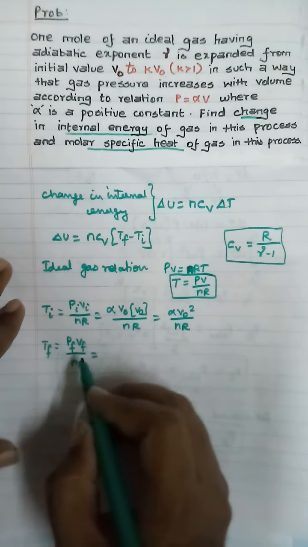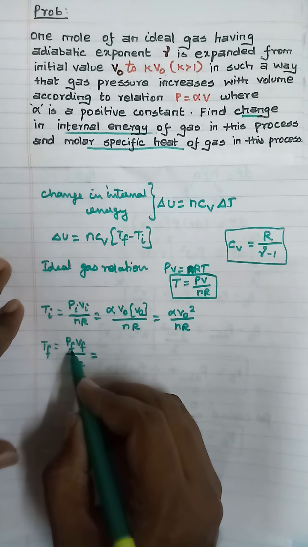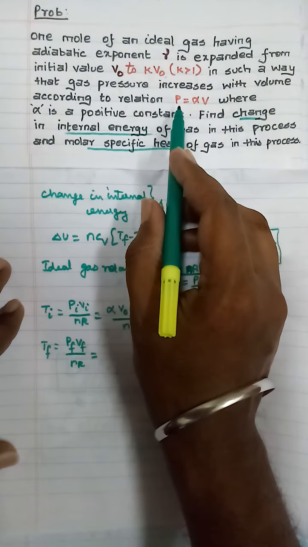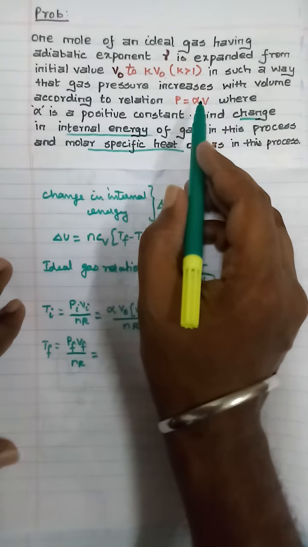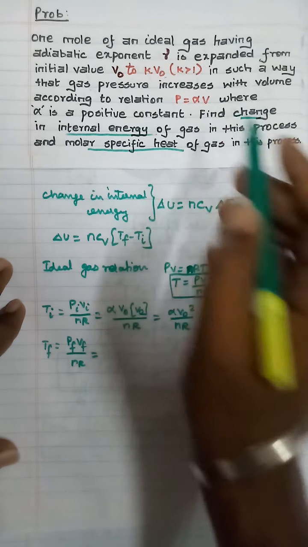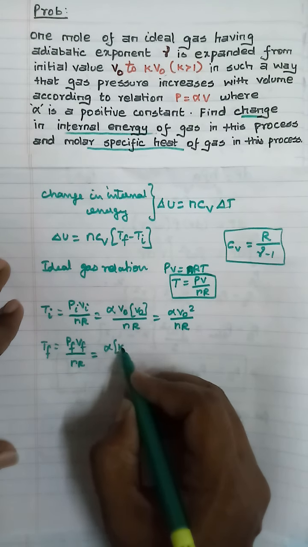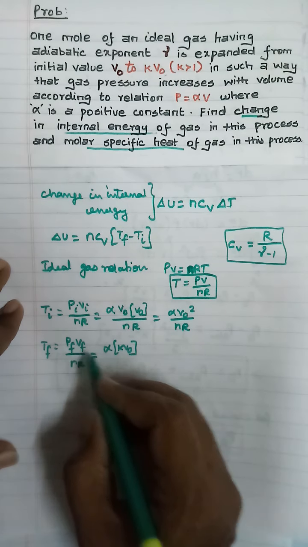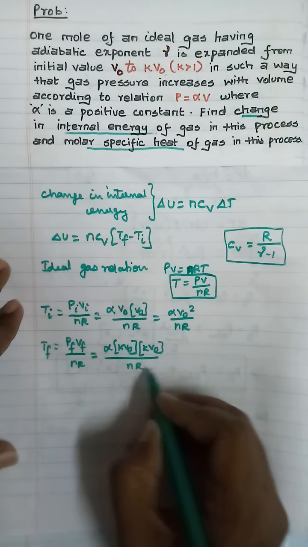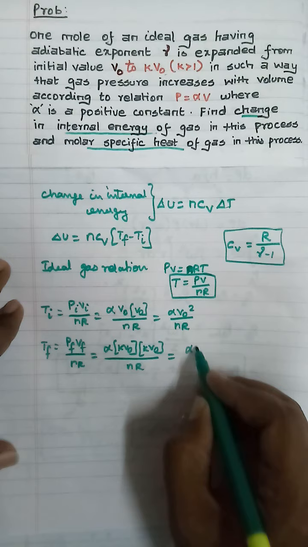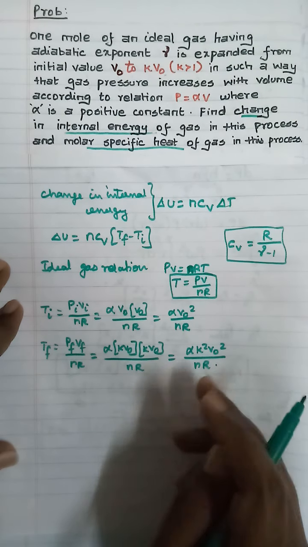Now for the final temperature, we have to find out the final pressure. Using the relation P is equal to alpha V, substitute the final volume kV0, so the final pressure is alpha kV0, and this final pressure times kV0 by nR. We can write this as alpha k square V0 square by nR.